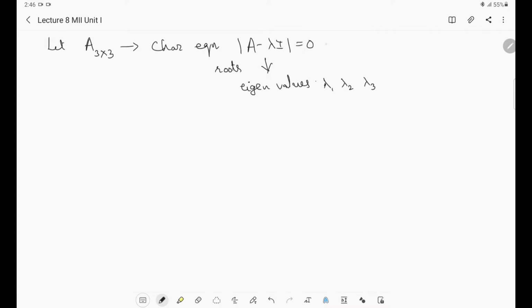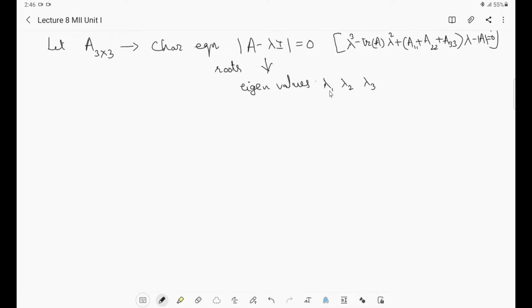We also saw the formula for the characteristic equation: lambda cube minus trace of A into lambda square plus A11 plus A22 plus A33 into lambda minus determinant of A equals 0. This is the formula that we saw in last class. Once we solve it, we will get the eigenvalues lambda 1, lambda 2 and lambda 3.